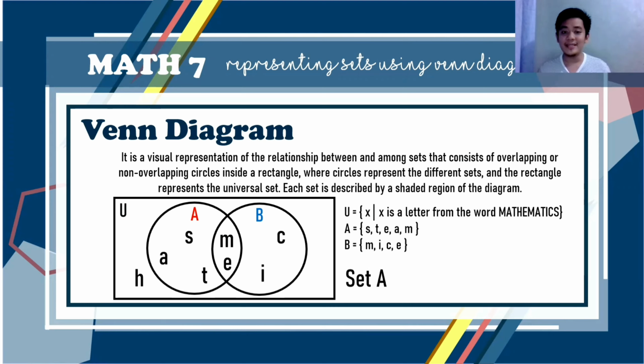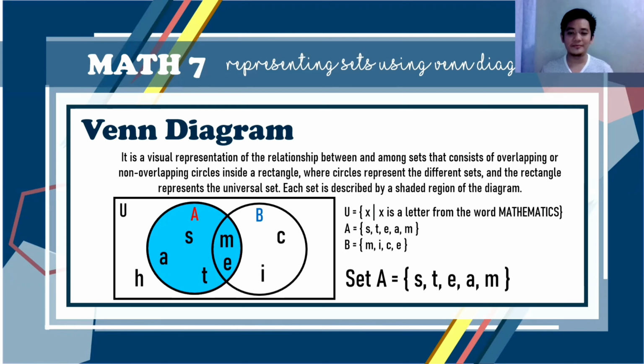Let us have an example. We have set A. What do you think is the portion on our Venn diagram which represents the set A? That is correct. It is the whole circle of A. Then therefore, we have to shade the whole circle of A. It shows that the shaded region contains the elements S, T, E, A, and M. Another example.